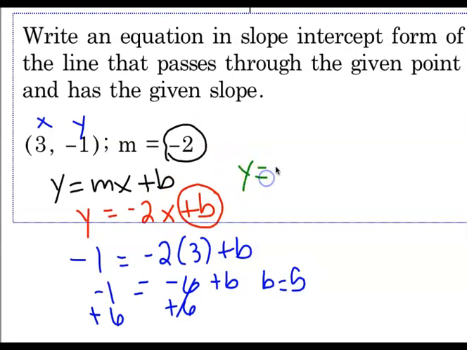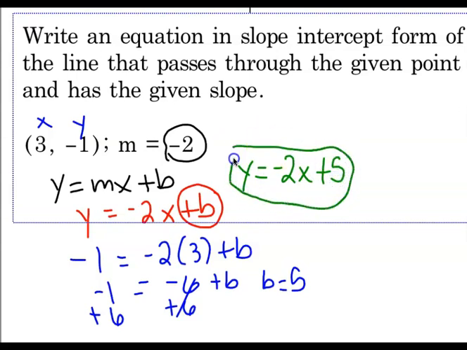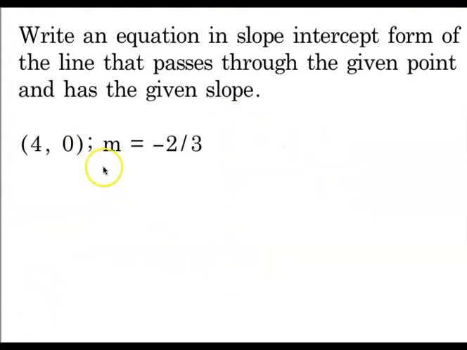I know it's y equals -2x plus 5, because the y-intercept is 5. And you could always sub your points back in to check to make sure they make sense. So if x is 3, -2 times 3 is -6, y would be -1. So you are correct.